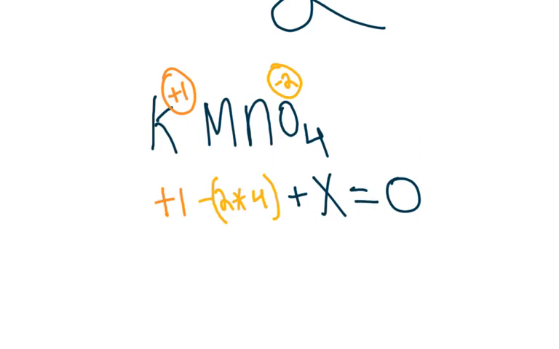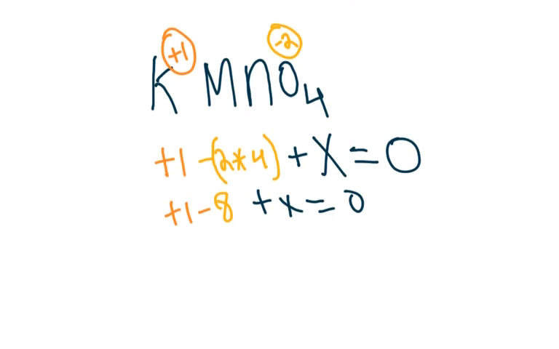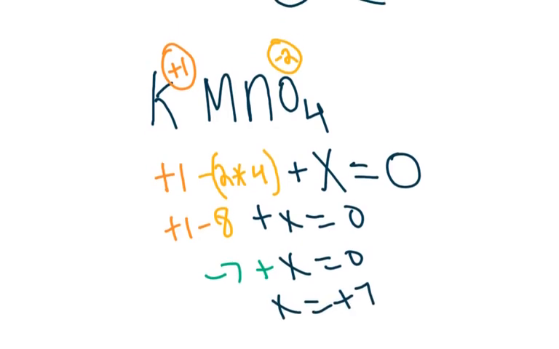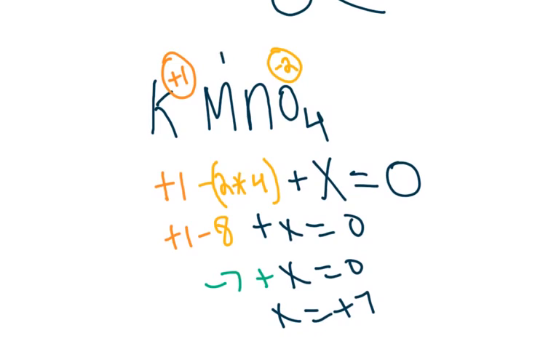If we solve this out, you're going to get +1 minus 8 plus x equals 0. +1 minus 8 is -7. So -7 plus x equals 0. x equals +7. So that's your oxidation number for manganese, +7.